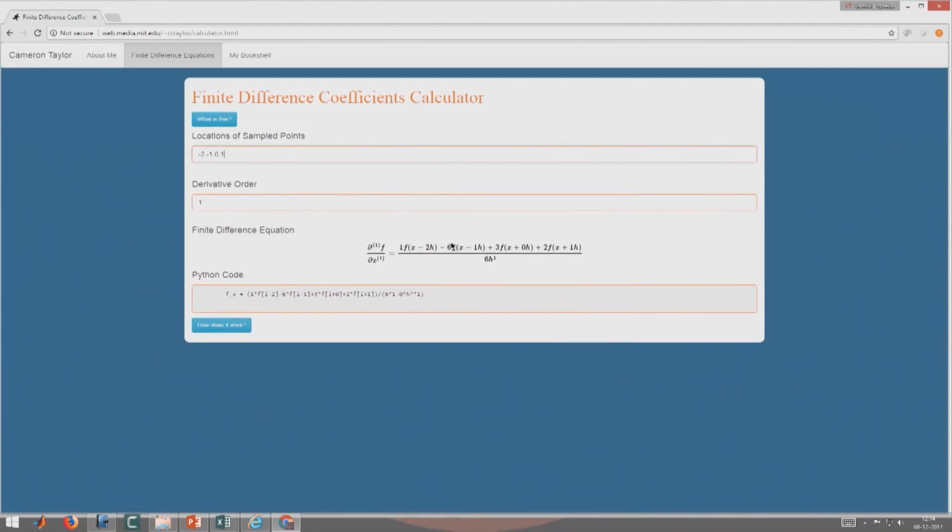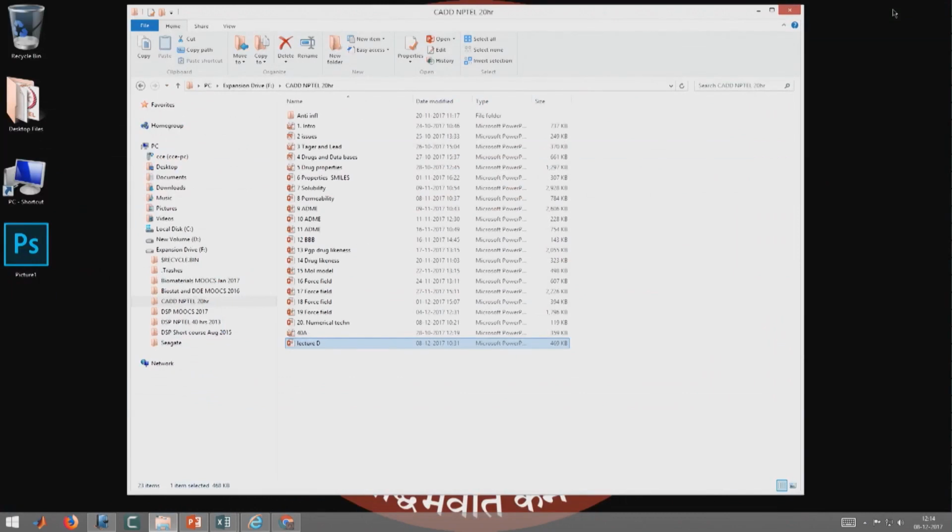So you have different sets of coefficients here. This is a very useful website where we can get the coefficients depending upon how we are going to use the sampling points.